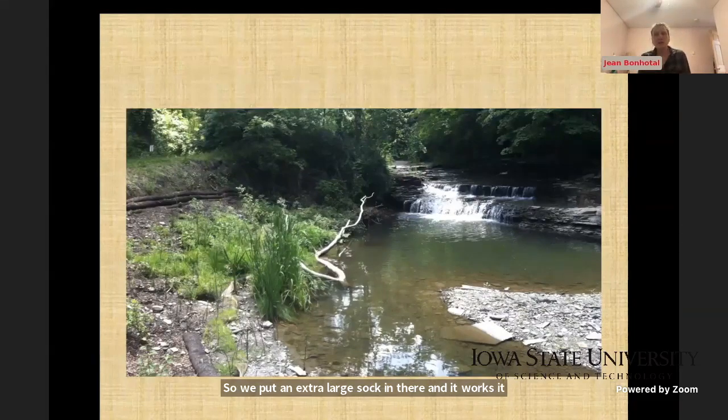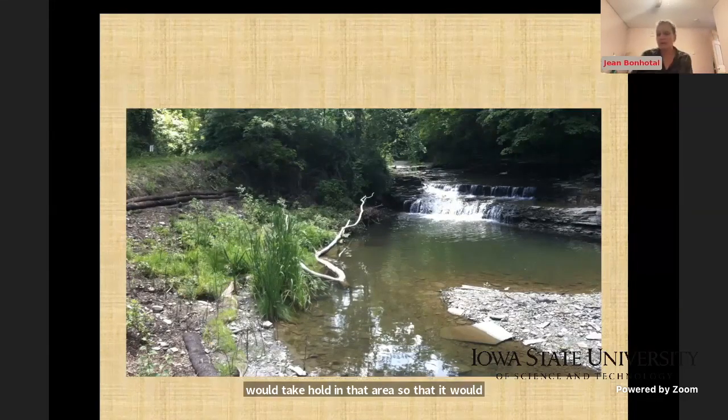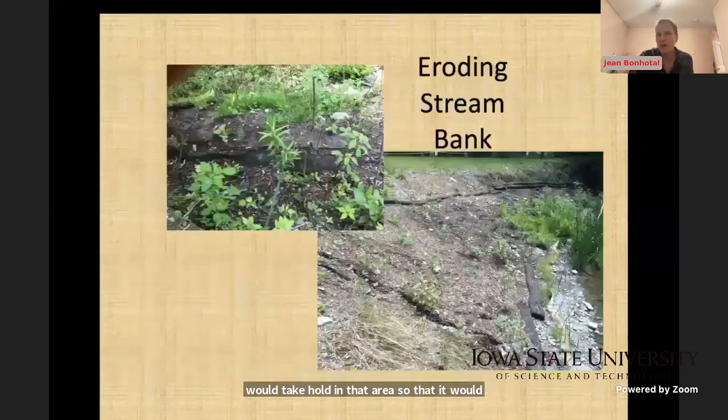A park setting, you can see the socks are up in here. This waterfall gets crazy and totally floods that whole area. So we put in things called quick sticks, shrubs that would take hold in that area so that it would stop eroding back.